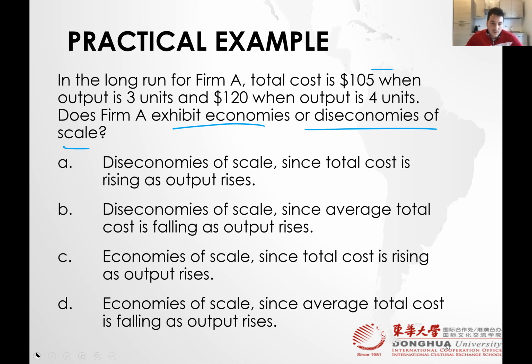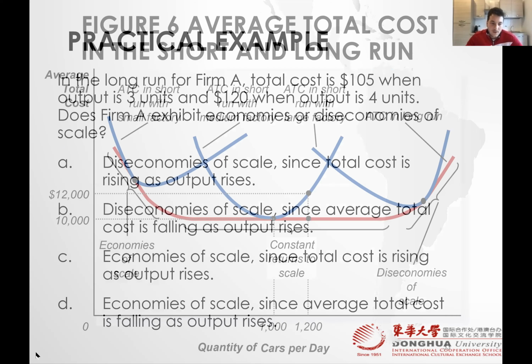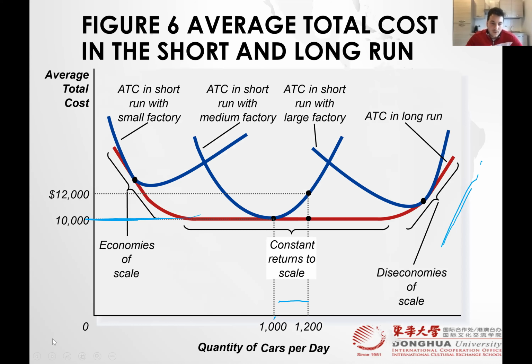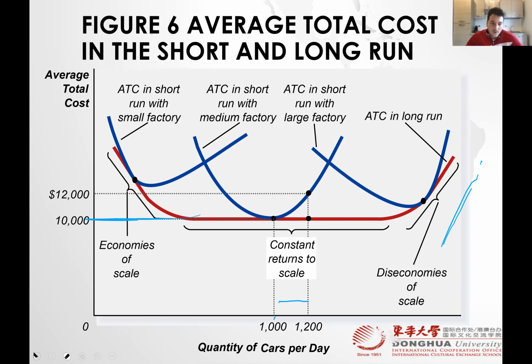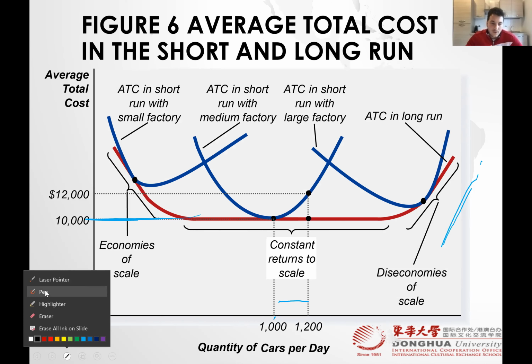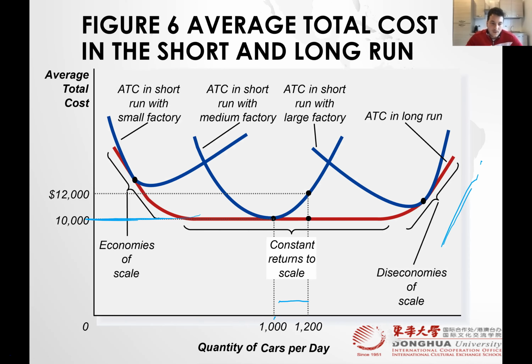Okay. There's a very small point here that needs to be addressed. Let's go back. What we are talking about here, are these curves total cost or average total cost? Are we talking about average total cost or total cost here?